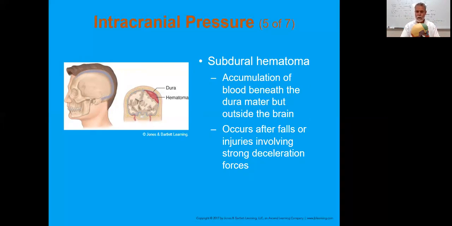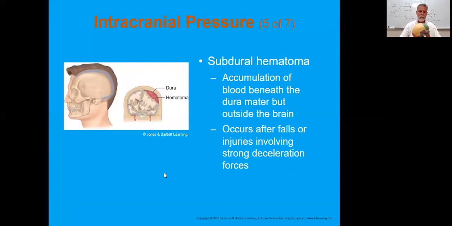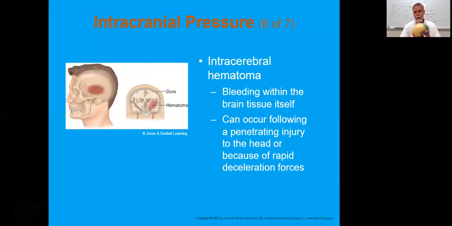The subdural hematoma is an accumulation of blood beneath the dura mater, so subdural, below this. After falls and injuries, strong deceleration forces can lead to that. Then the intracerebral hematoma, and that's what's so cool about this. These are recorded; you can go back and look in the book.